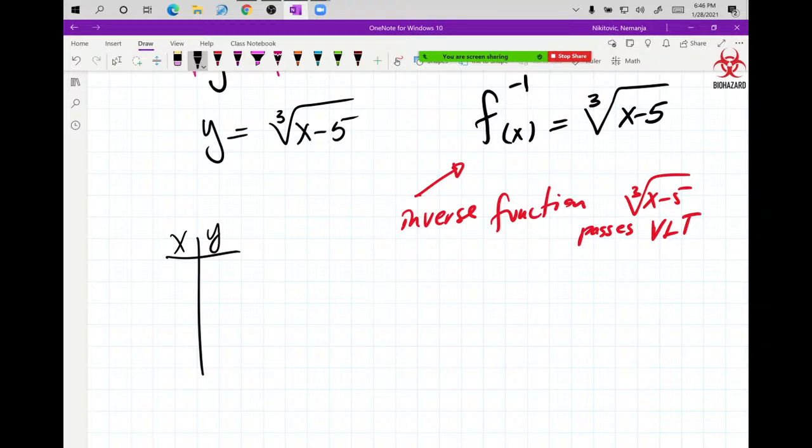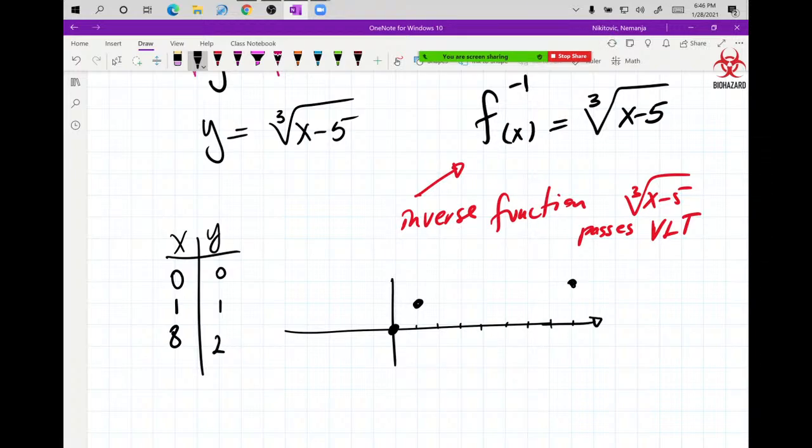So, okay, I can take the cube root of 0, that's going to be 0, the cube root of 1. The next number is 8, because the answers of the cube root will be 0, 1, and 2. So when you draw the graph, you go 0, 0, 1, 1, and then 1, 2, 3, 4, 5, 6, 7, 8, and 2. Oh, wait, I can also take cube roots of negative numbers.